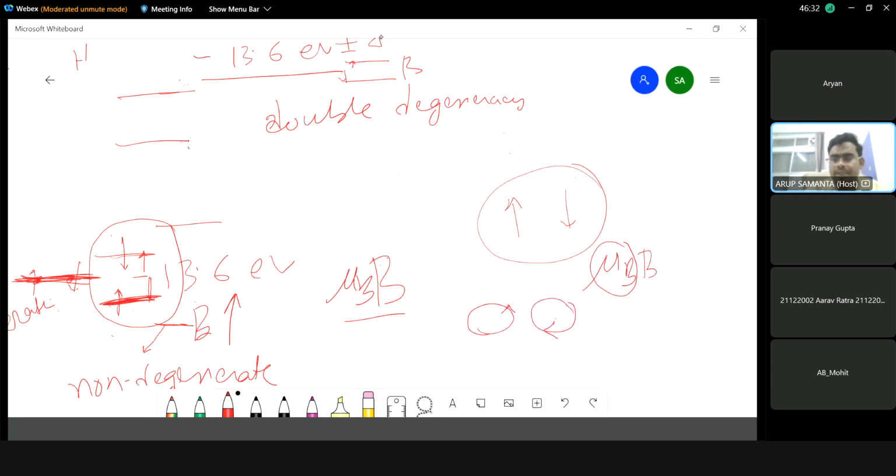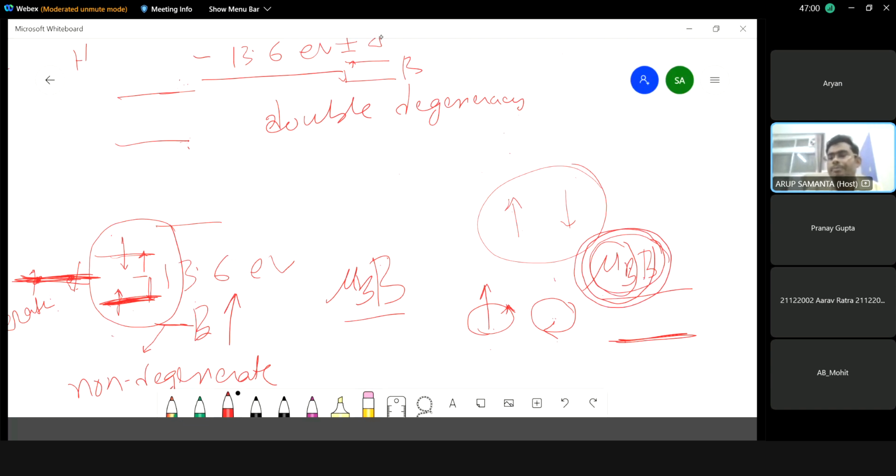So one electron will gain energy and one will lose energy, by an amount mu B. The spin up electron will have lower energy by mu B times B, and the other one will gain energy and move to the upper level.